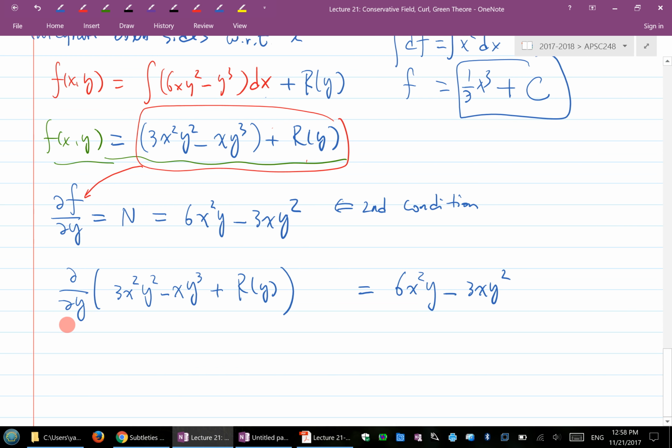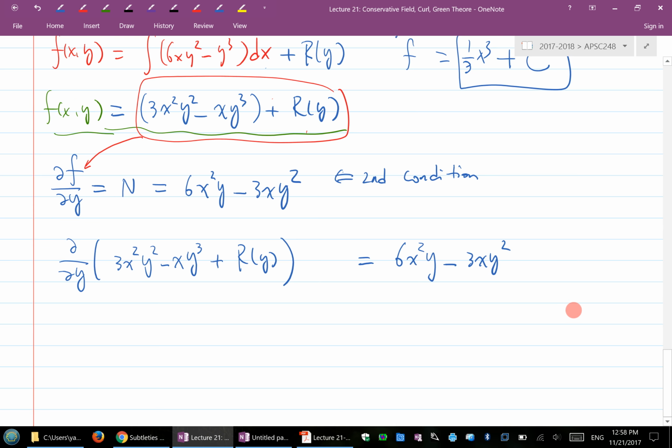Okay, so let's look at the left side here. I'm going to take a partial derivative of each term now. The partial derivative of the first term with respect to y, you get 6x squared y. Second one here, minus 3xy squared. And then the partial derivative of this one with respect to y.